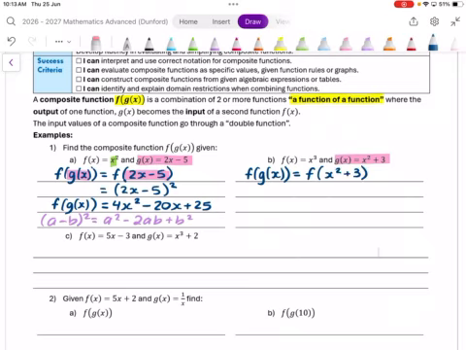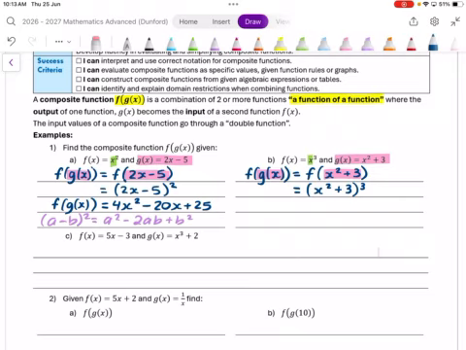Wherever we have an x in our f of x, we replace that with our g of x, x squared plus 3, resulting in (x squared plus 3) all cubed. Now, when we have anything to a higher power than 2, I wouldn't bother expanding it unless it asks for it to be expanded and simplified.